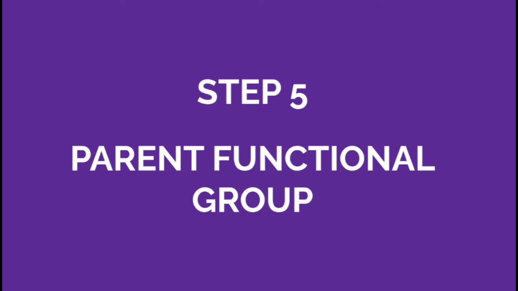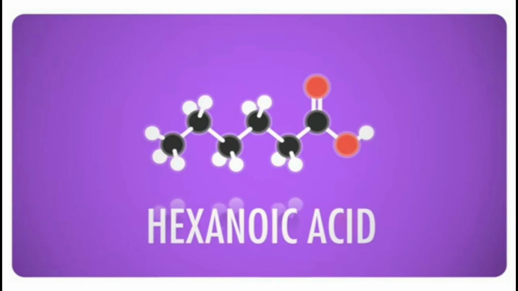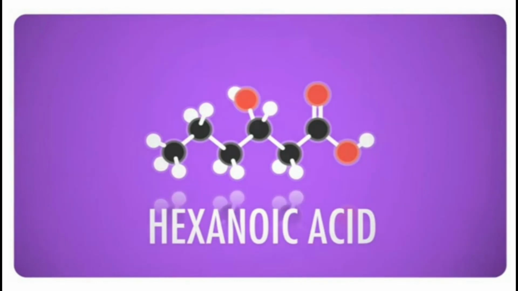No matter what else is on the carbon chain, if there's a carboxylic acid, then it is a carboxylic acid. See for yourself. In this compound, there is a carboxylic acid. So it is hexanoic acid. In the next one, there is an OH group too with the carboxylic acid.